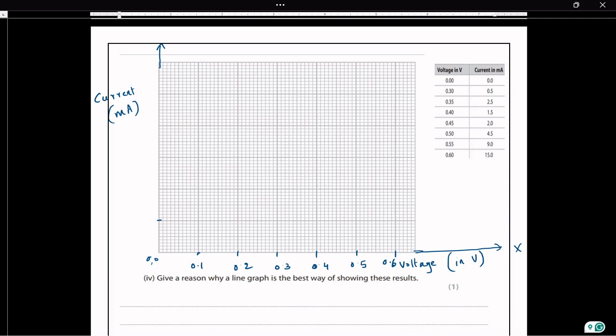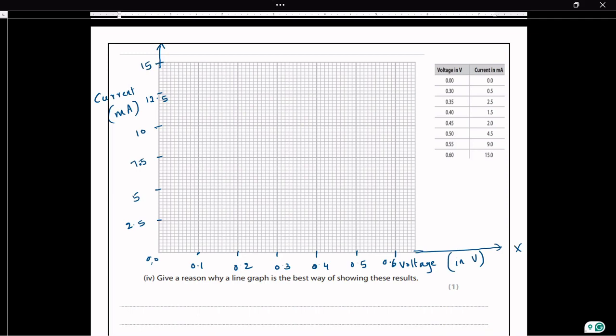Yes. So each one can be taken as 2.5, then 5, 7.5, 10, then this is 12.5 and this is 15.